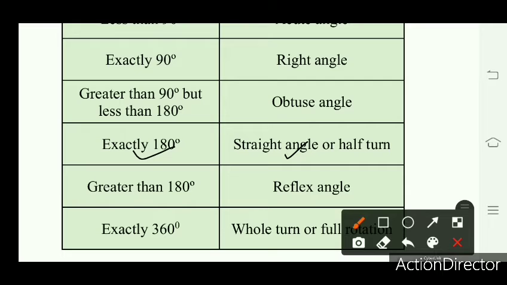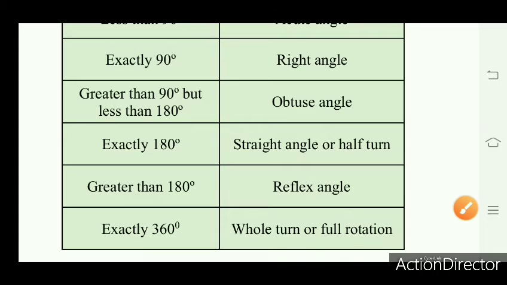The ray completes its half turn at 180 degrees. Angles greater than 180 degrees are known as reflex angles. An angle that is exactly 360 degrees is known as a complete angle, and it is a full rotation or whole turn.